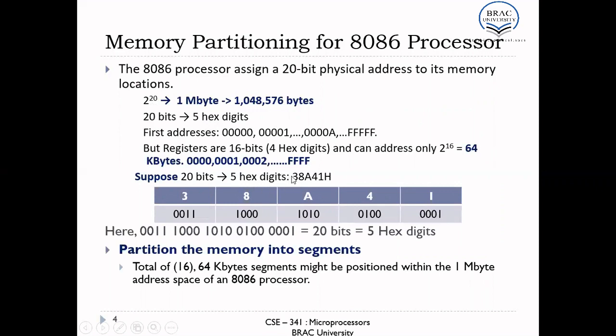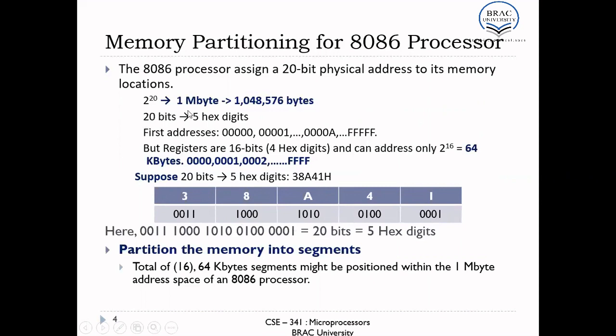Let me give an example first. Here is a hexadecimal value, that is 38A41 hexa. I hope you all know how to convert hexa to binary digits. So here is the binary representation of this hexadecimal value. That means 3 means 0011, 8 means 1000, A means 1010, etc. So here we can easily see there are 20 bits binary digits for 5 hexadecimal digits.